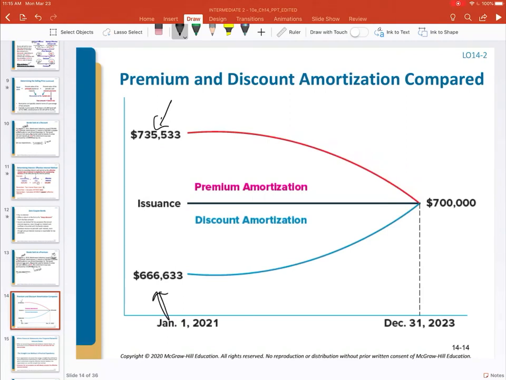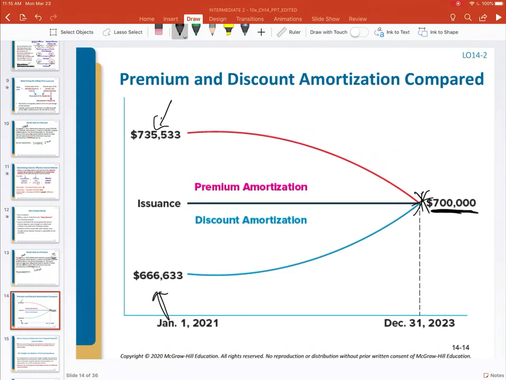We're just talking about a bond that had a discount and a bond that had a premium. And you can see that over time, using the effective interest method, we are adjusting the value of those bonds so that when we get to this maturity period, whether we have a discount or a premium, the value of that bond should be its face amount, right?